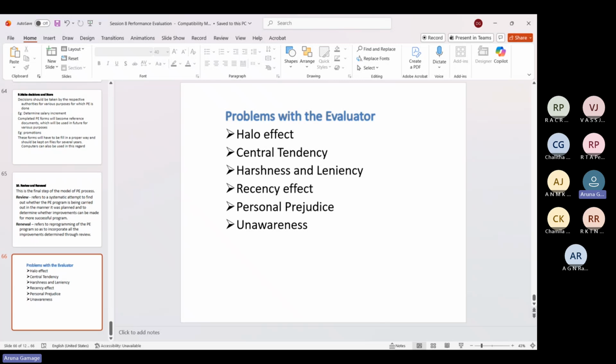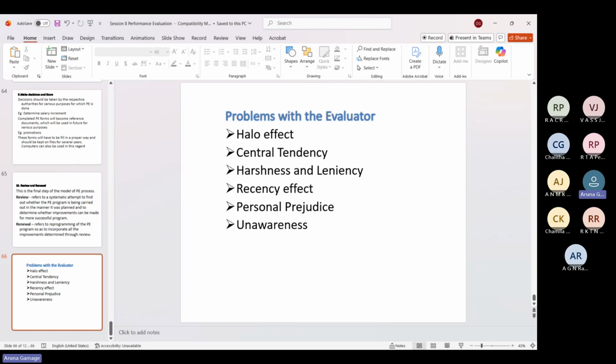Central tendency is also one of the problems. Some of the evaluators will not give enough care to evaluation, especially if they are busy. They don't go for extreme ratings. They want to settle in the middle, average, because they are on the safe side, neither good nor bad.